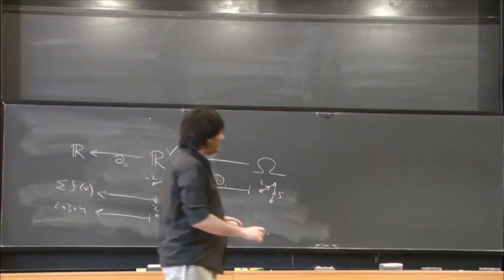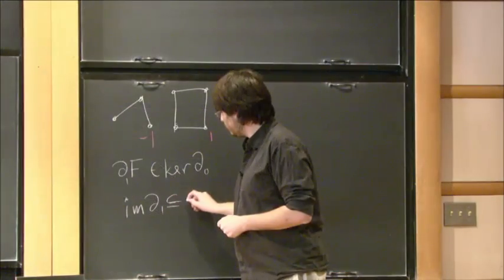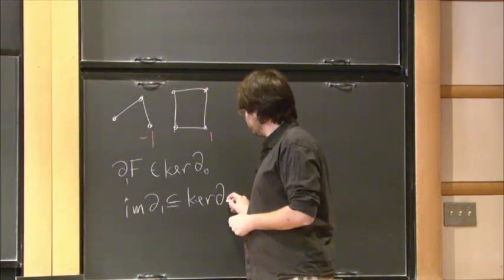And what we just said is that we always have, if I start with a flow, then delta f, the boundary of a flow is always in the kernel of the zero boundary map. Everything which comes from a flow gives you a function with some 0. So the image, so this is del 1. So the image of del 1 is inside the kernel of del 0.